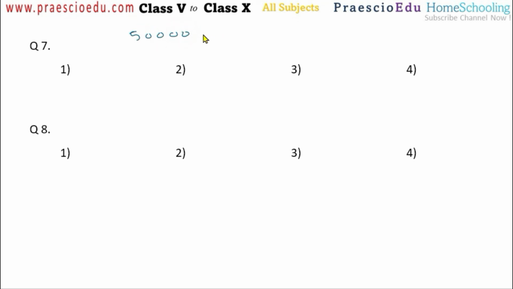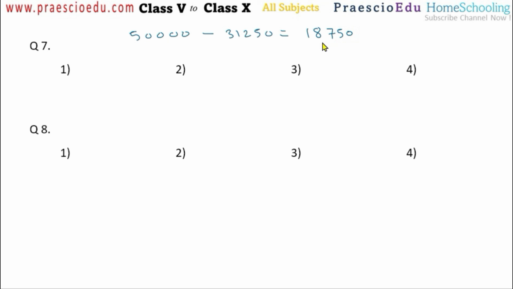Out of this, 31,250 is used for the laboratory, so we will deduct this from the 50,000. So what is the remaining? After this subtraction, 18,750.